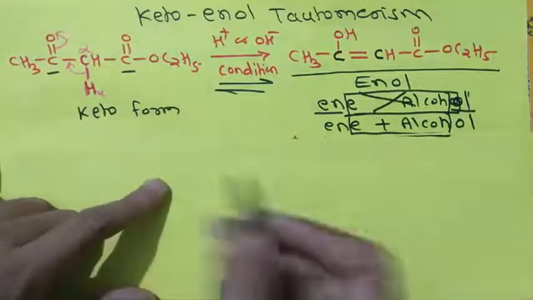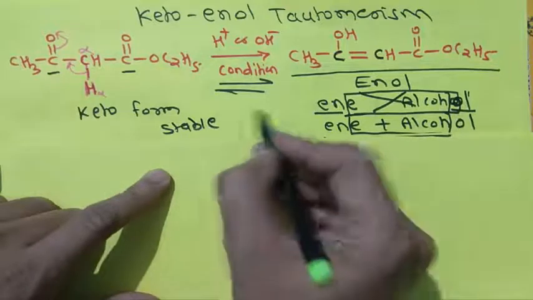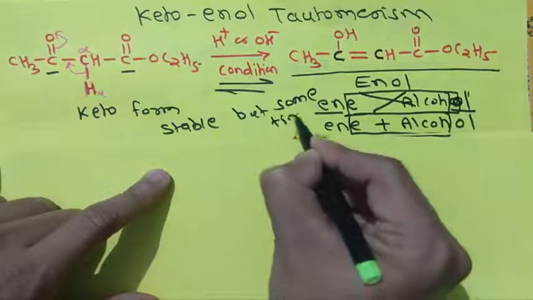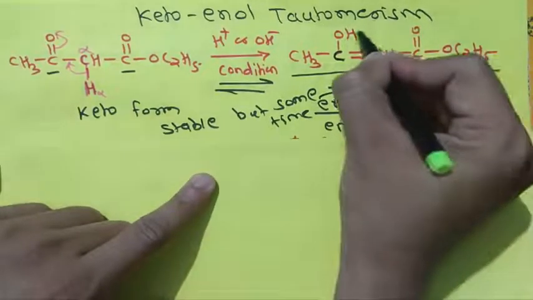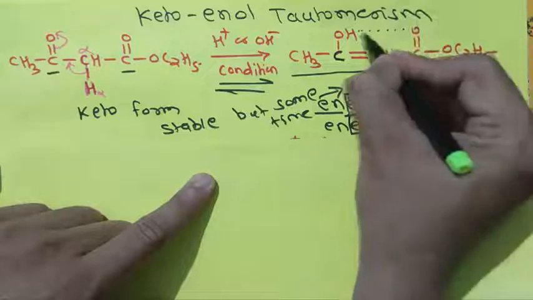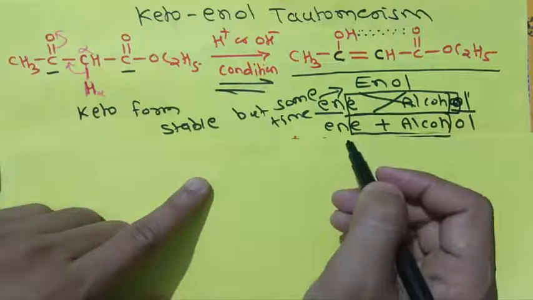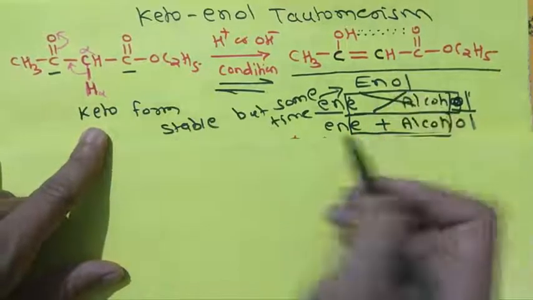Generally the keto form is stable, but sometimes the enol form is also stable, because hydrogen bonding can take place. That's why the enol form is also stable. Sometimes 99% keto form is stable, but sometimes the enol form is also stable.